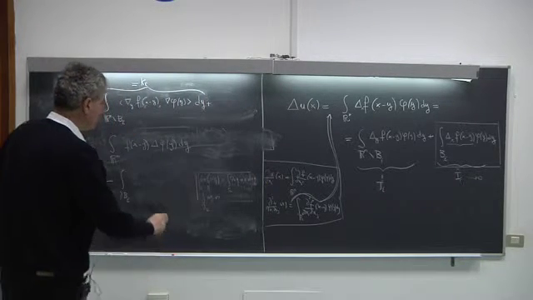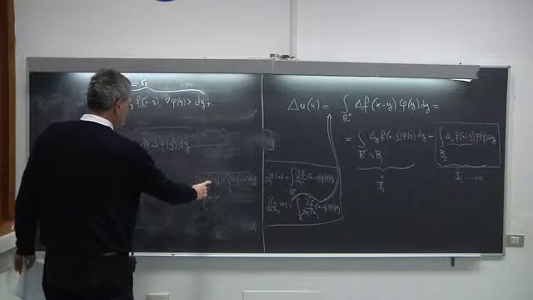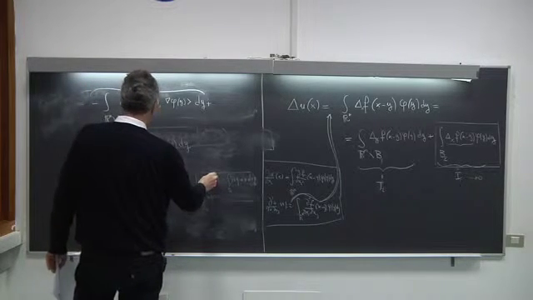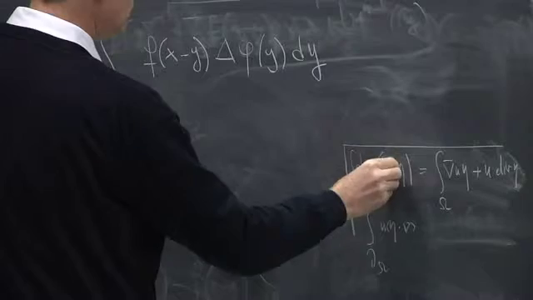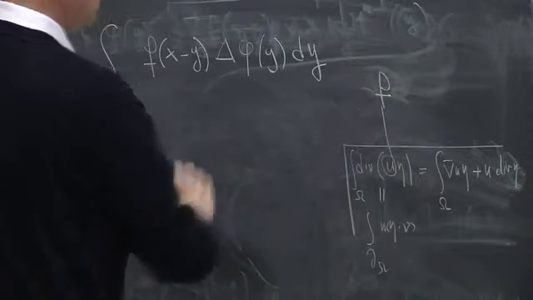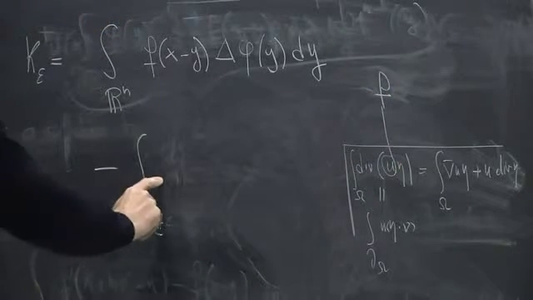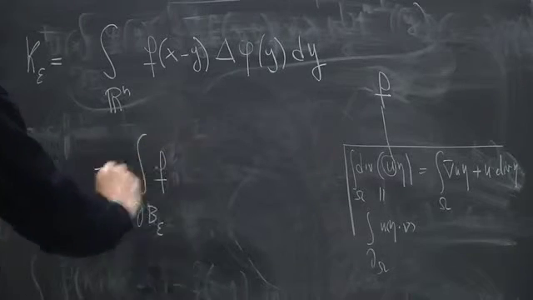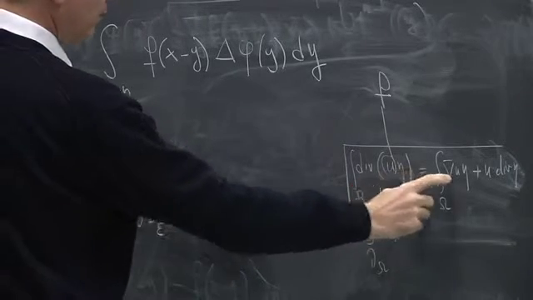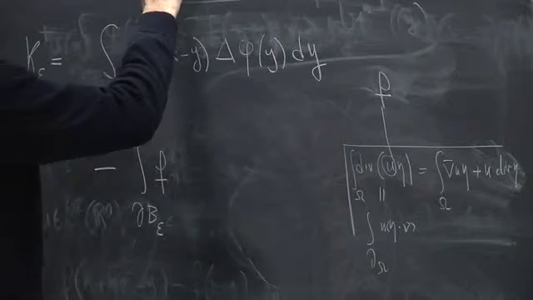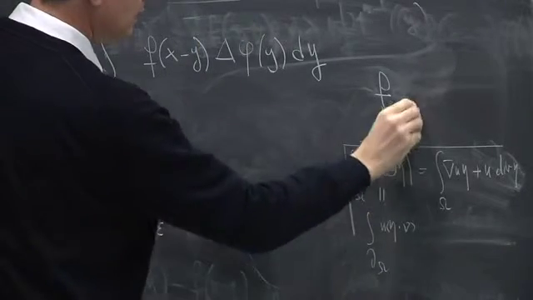So I am applying this with the choice of u equal to f, so that I have grad u times grad eta, with eta equal grad phi.